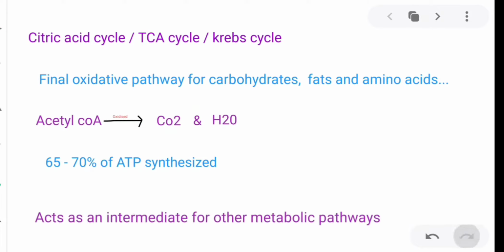The next point is that it acts as an intermediate for other metabolic pathways. Like I said before, these two points are similar. The only thing is that here they have mentioned that this whole cycle acts as a metabolic pathway for other metabolic pathways. So the Krebs cycle is a center, an important pathway for the formation of carbohydrates, fats and amino acids.